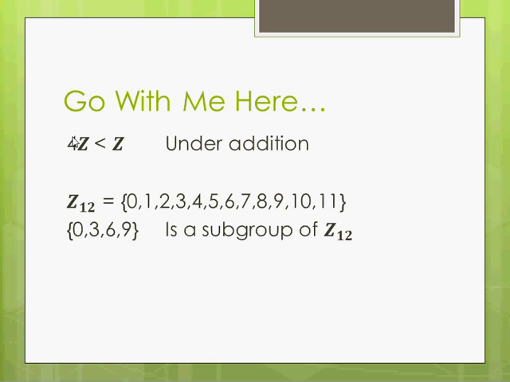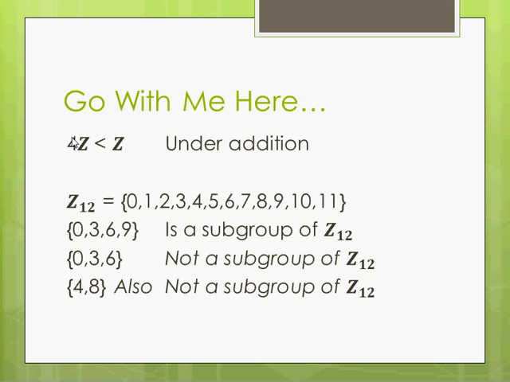I'm not going to go through all the formal steps again because we've got bigger fish to fry. But just to give you an example of what's not a subgroup, for instance, 0, 3, and 6. That's a subset of Z12, but it's not a subgroup, because if you add 3 and 6 together, you get 9, which is not in our subset. So it's not closed.